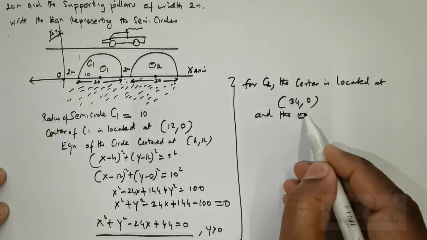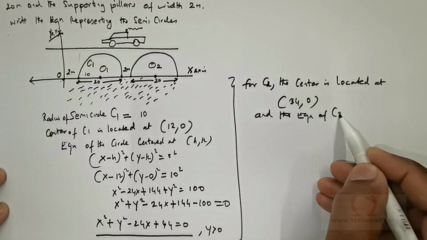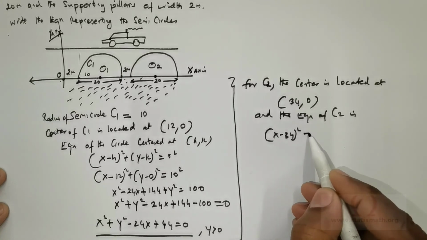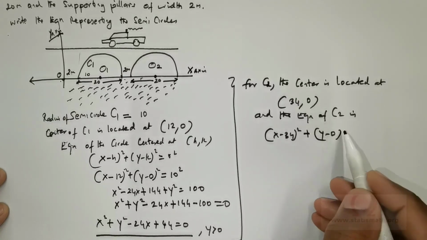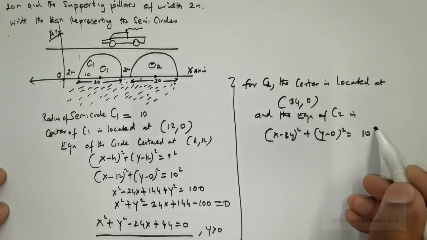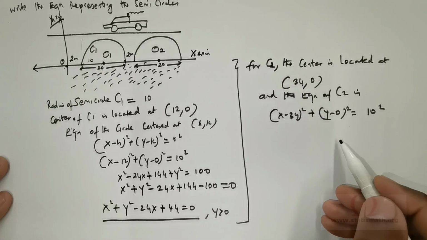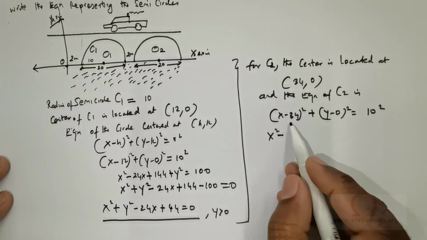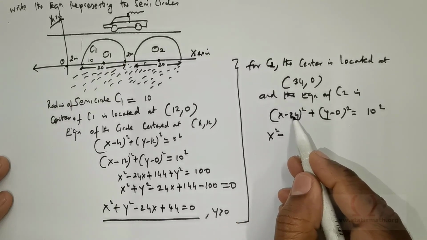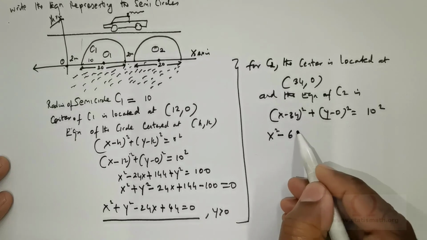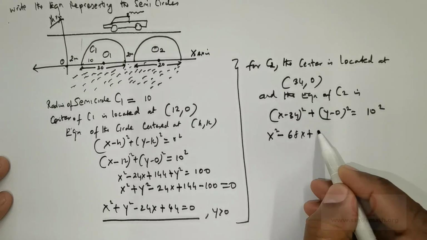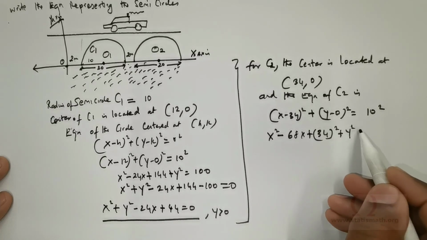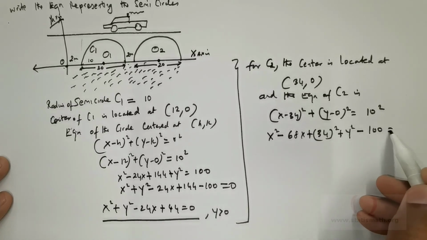The equation of C2 is going to be x minus 34 raised to the power 2 plus y minus 0 raised to the power 2. The radius doesn't change, it's going to be 10 squared. Expanding this will give us x squared minus 2 multiplied with 34, that's 68x, plus 34 squared, plus y squared minus 100 is equal to 0.